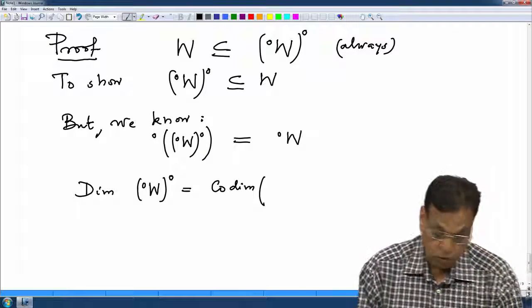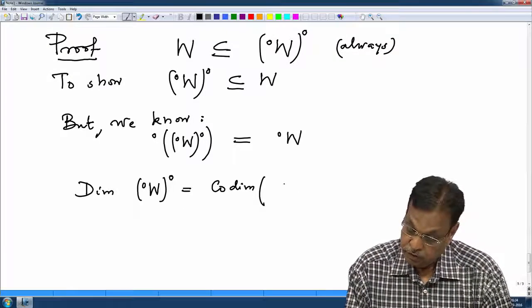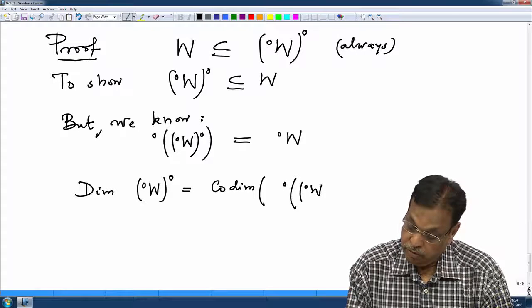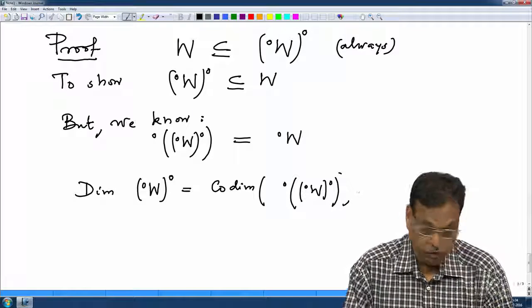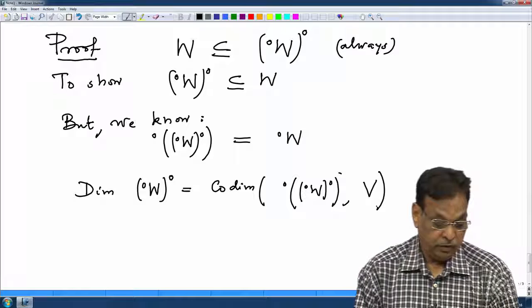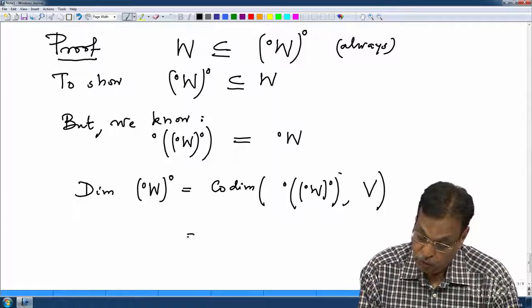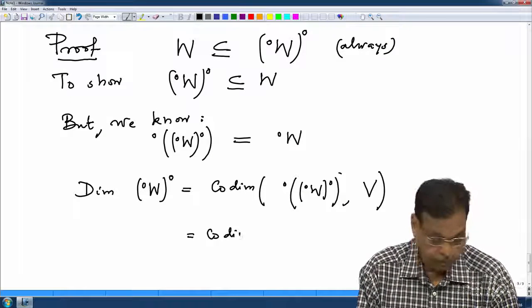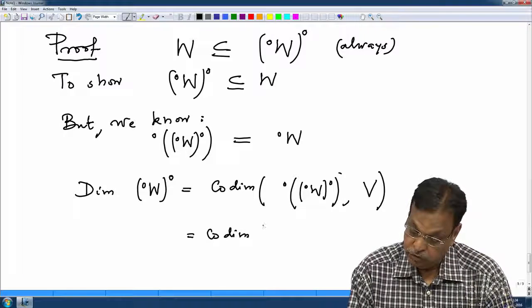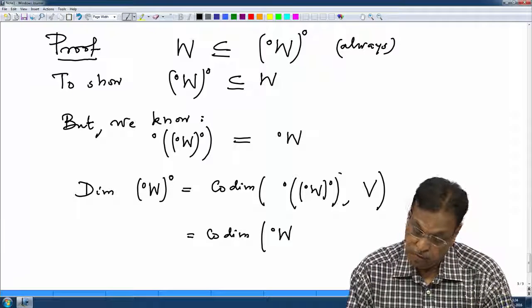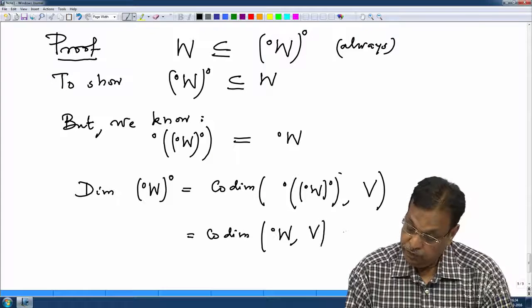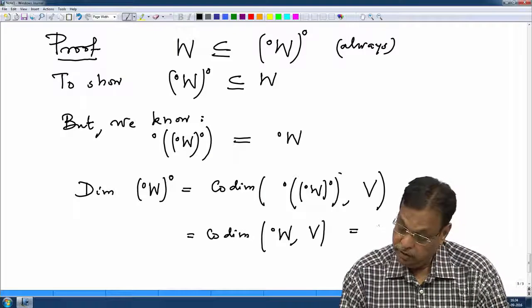So this is equal to codim of 0, then 0 W, this is in V, equal to codim of left circle W in V, which is dim W.